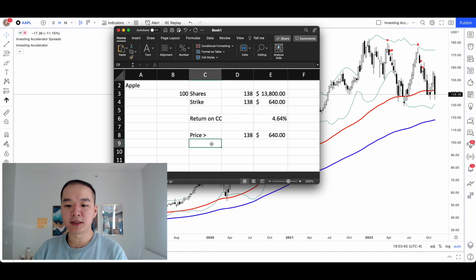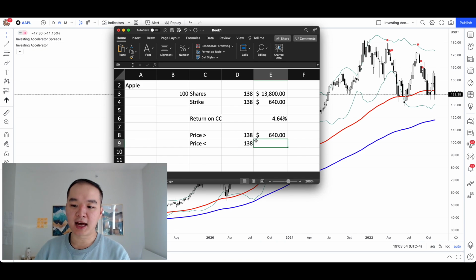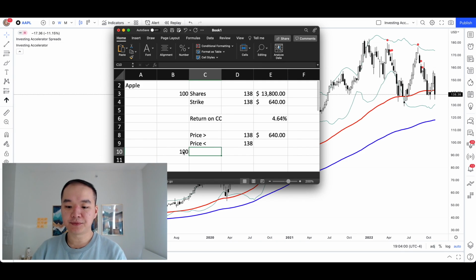So the real problem is when price is below 138. Now, if price is below 138, then what you will have is an unrealized loss on the 100 shares. So let's say the price is 135.